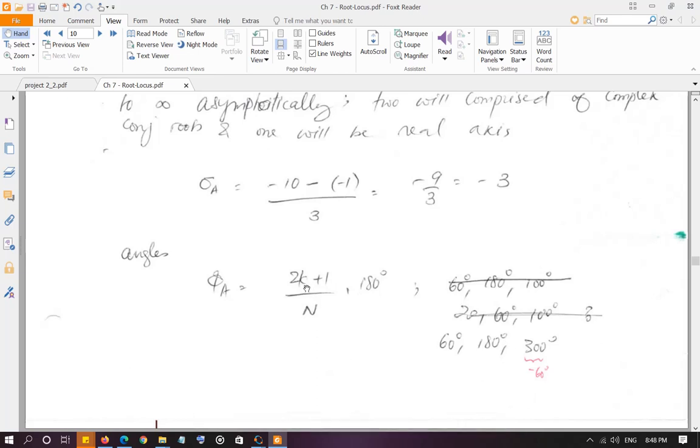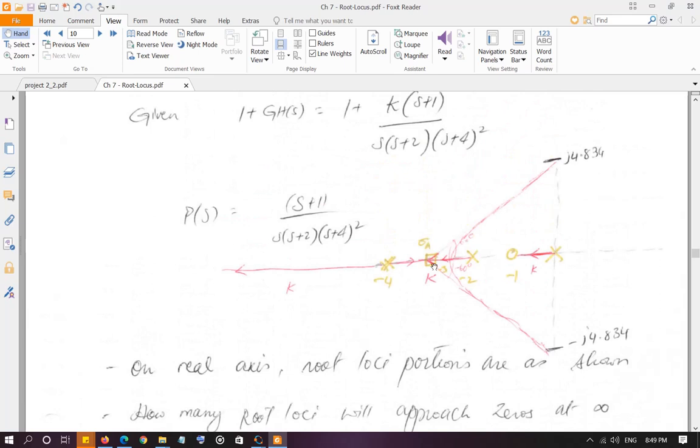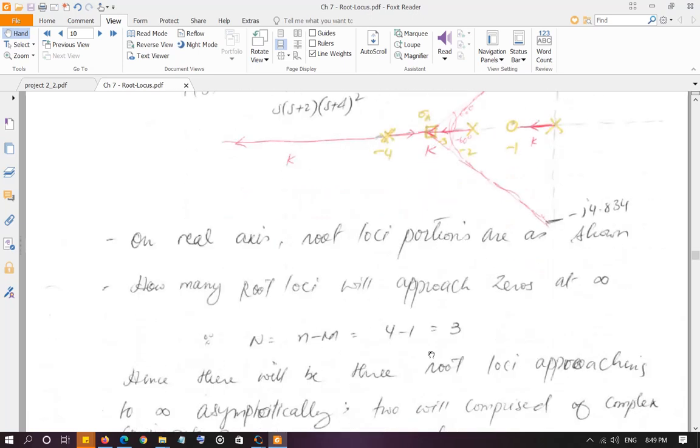And when k is 2, we have 5 over 3 times 180, which will be 300 degrees or -60 degrees. So these will be our asymptotes. At -3, I have one asymptote along 180 degrees, I have one asymptote along 60 degrees, and I have one asymptote along -60 or 300 degrees.